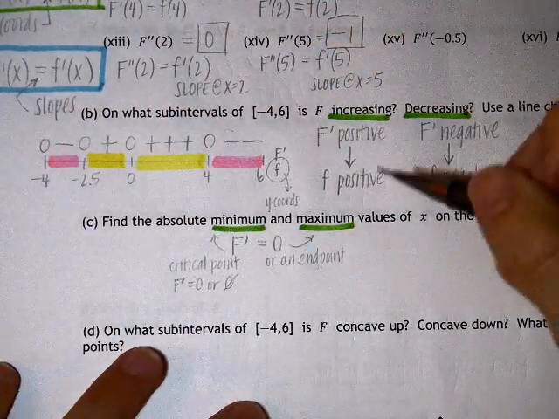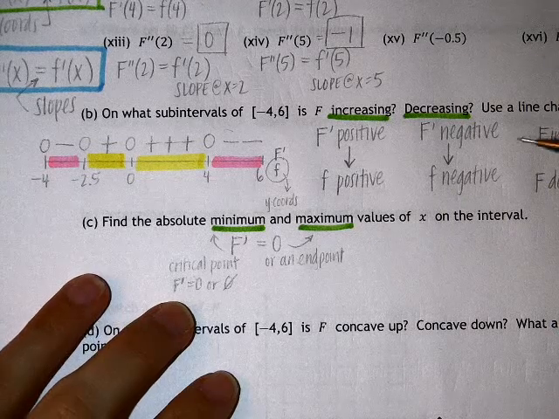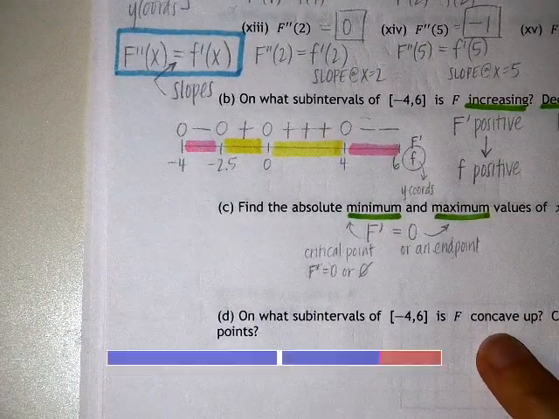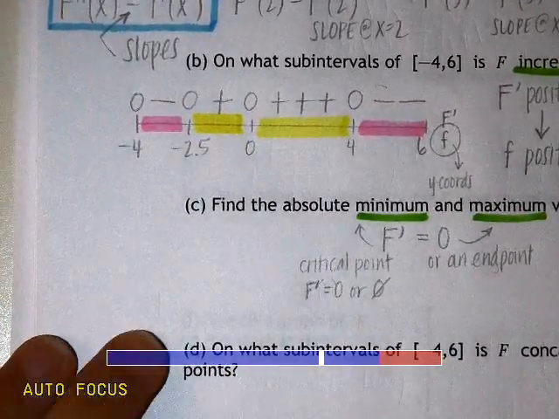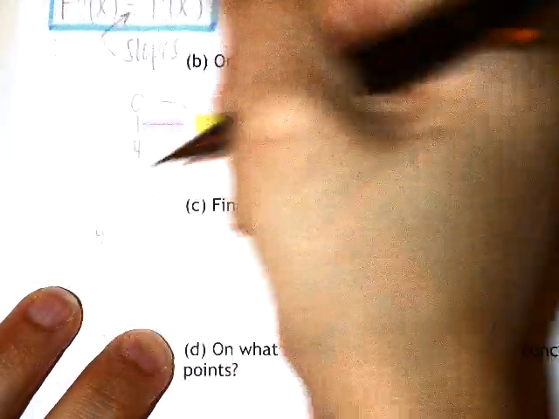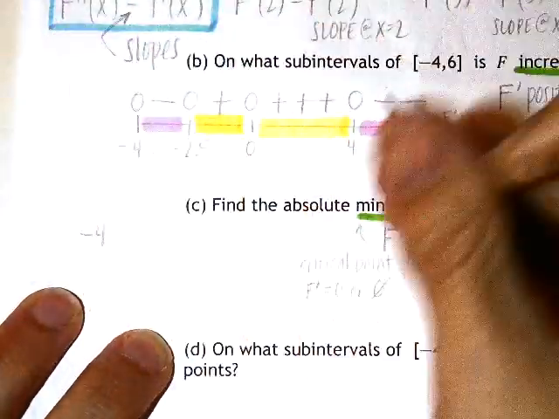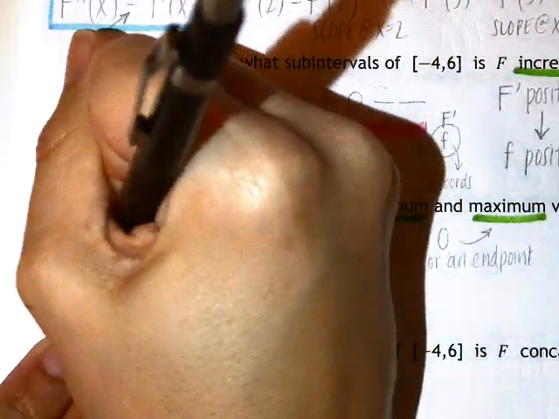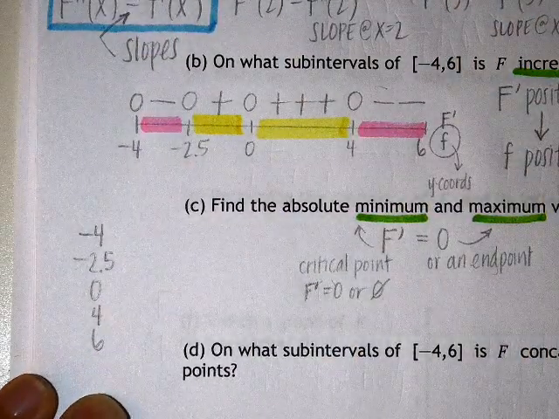So I'm going to write down first the values of x that seem to be important according to my line chart. According to my line chart, I had zeros at x coordinate negative 4, my bad, negative 2.5, at 0, at 4, and at 6.